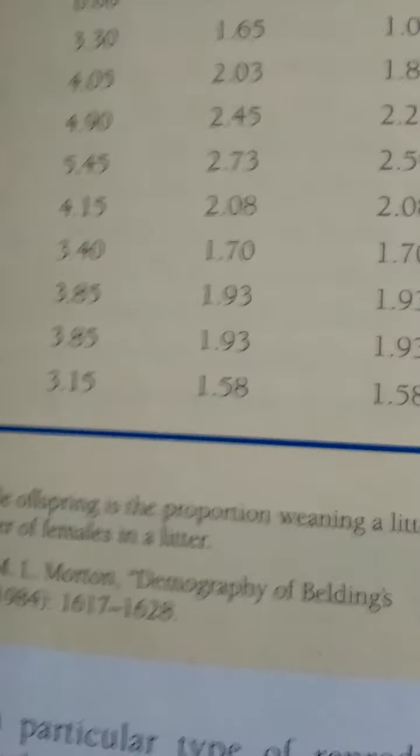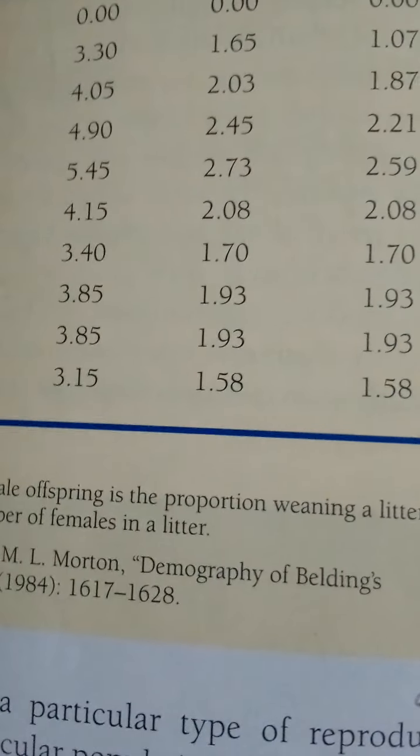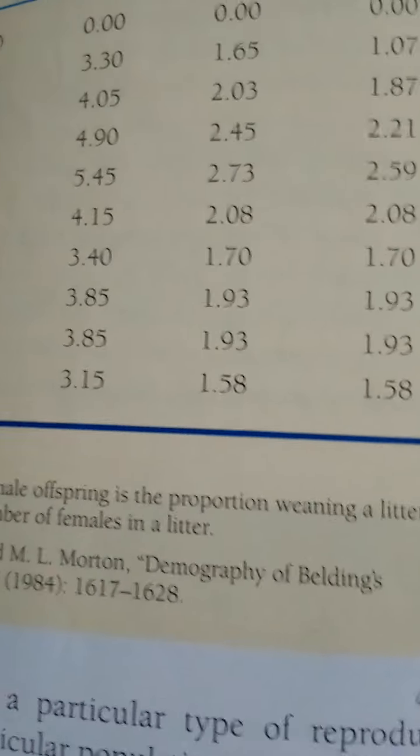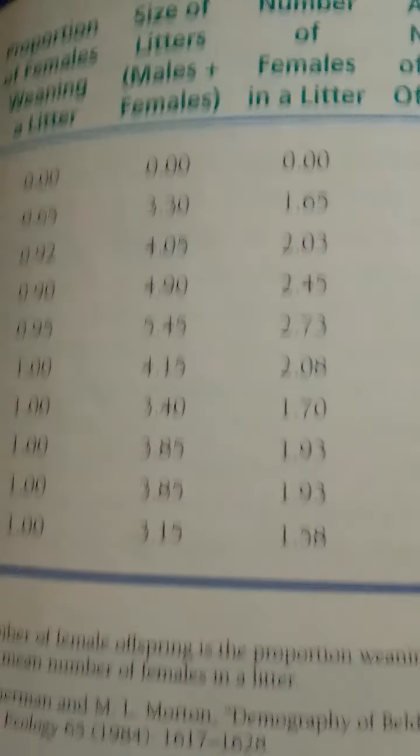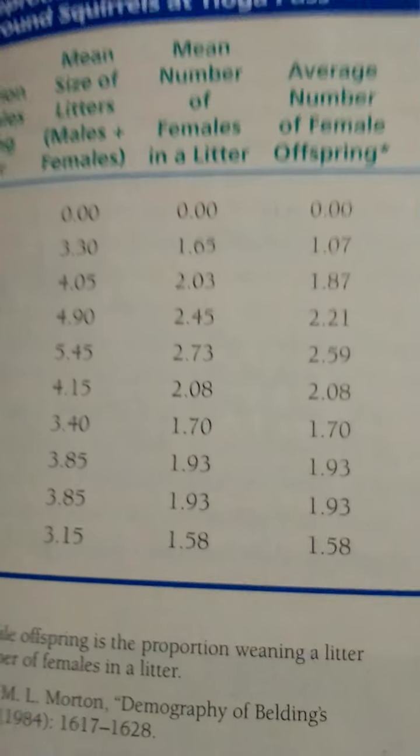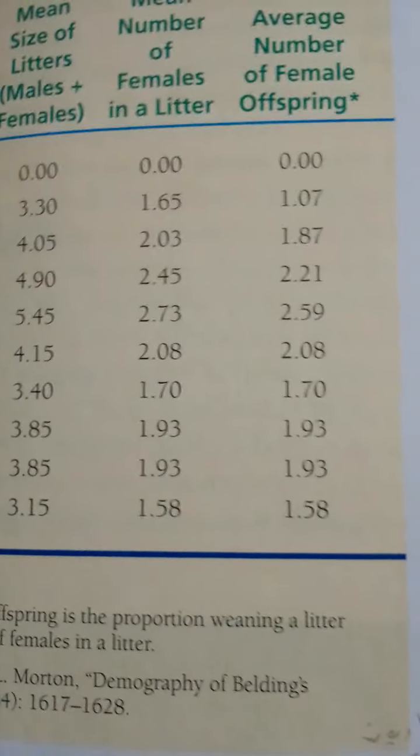For sexual species, the reproductive table tallies the number of female offspring produced by each age group, as this table shows. This table illustrates a reproductive table for Belding's ground squirrels.